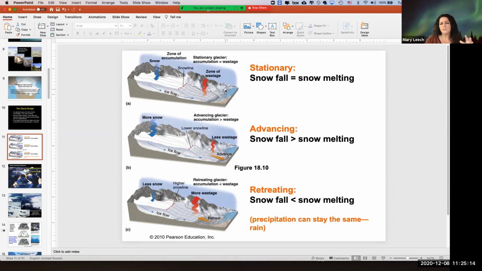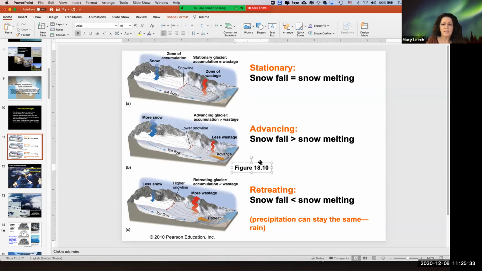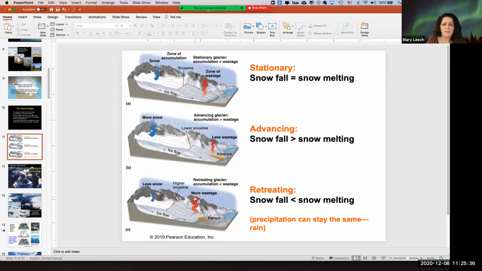If a glacier is stationary, then the snowfall is close to the amount of snow melt that's taking place. If your glacier is advancing, you have more snowfall than you do snow melting. And so the glacier actually moves downhill, at least in an alpine glacier.